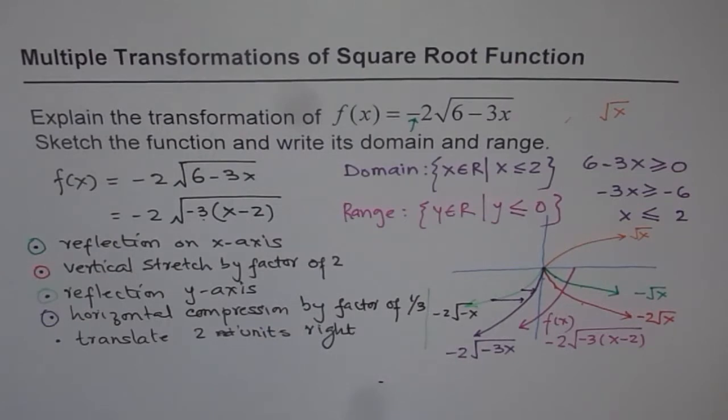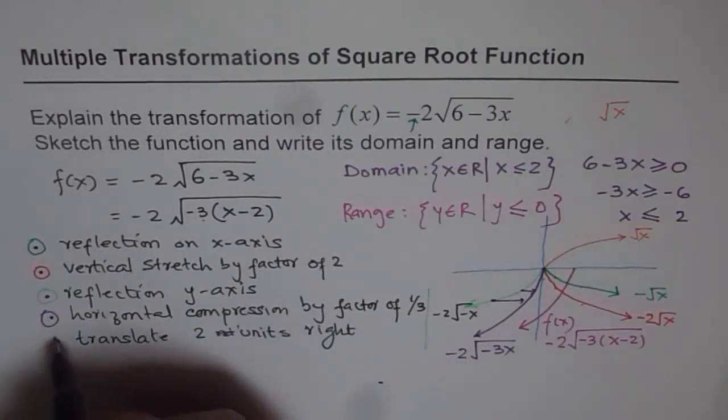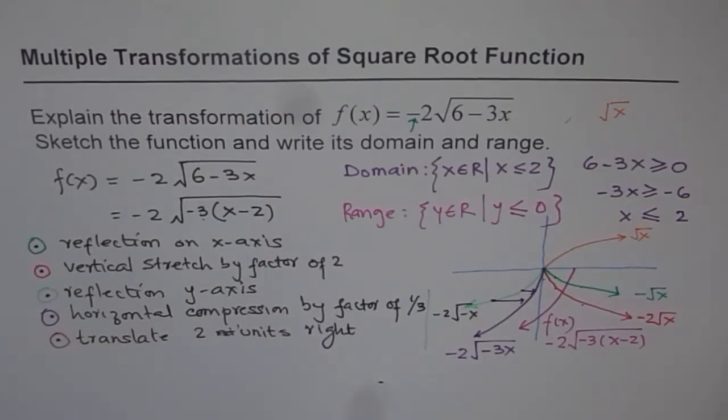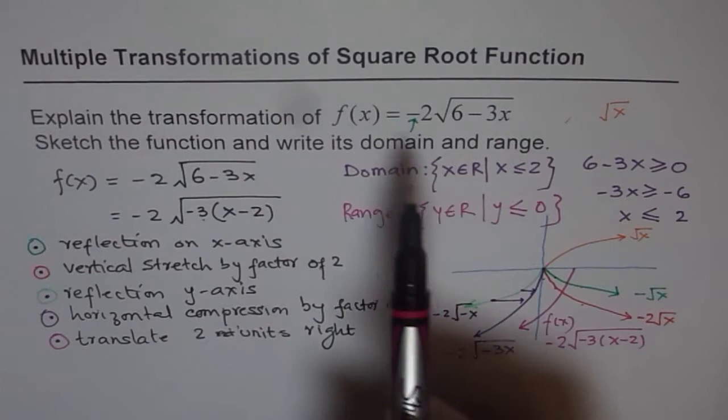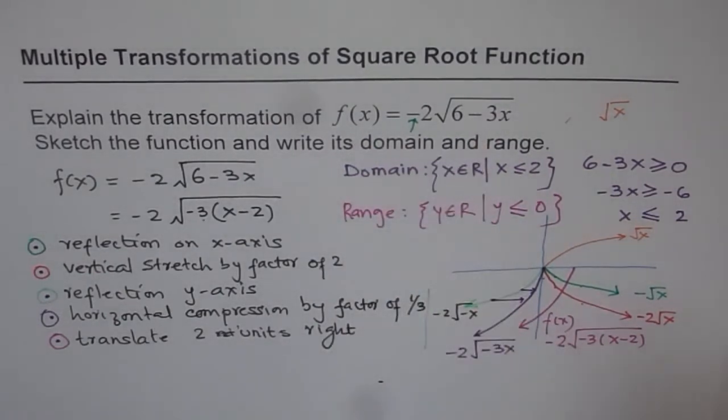I hope with this example you have a fairly good idea about how the functions should be transformed and how we should look into their domain and range. So go through this video once again, try to understand each and every part. Important things which we consider here are like this. First, whenever you're given a function, rearrange, right?